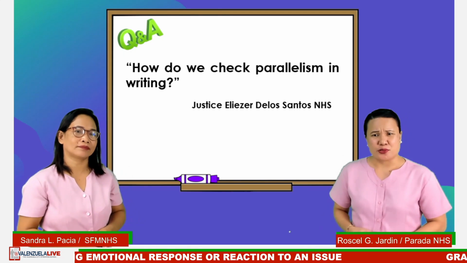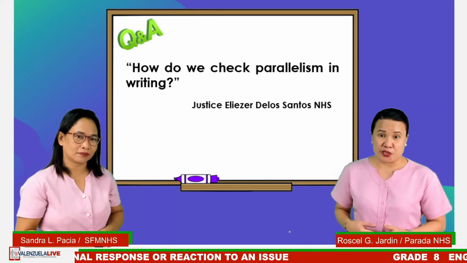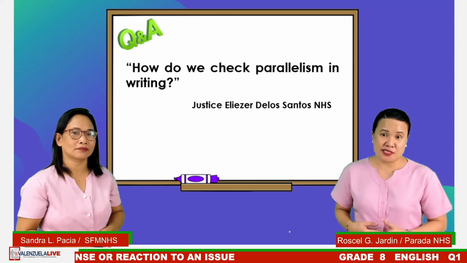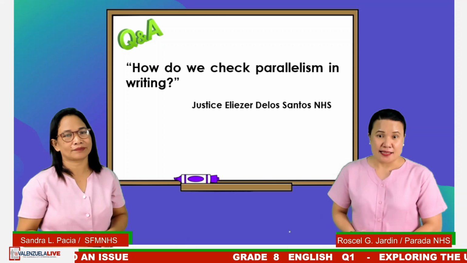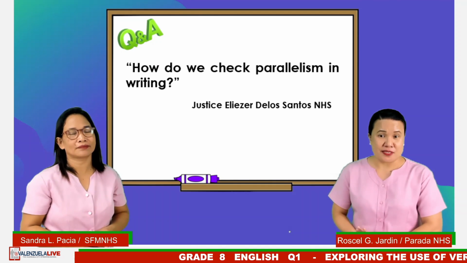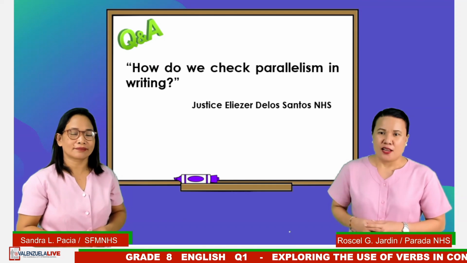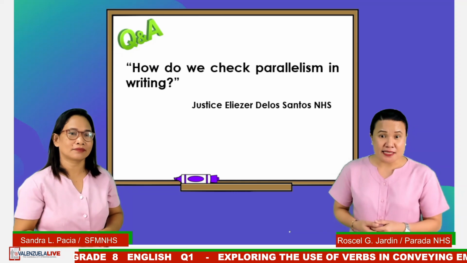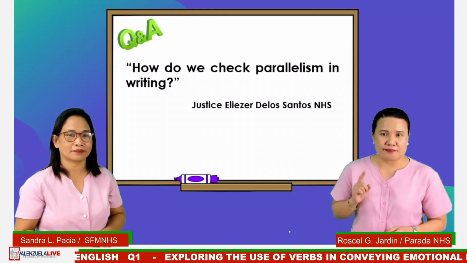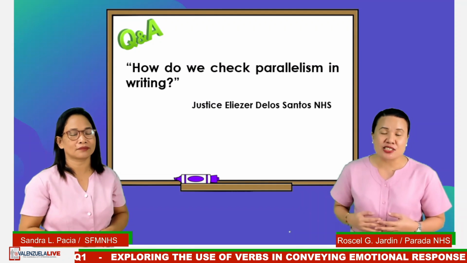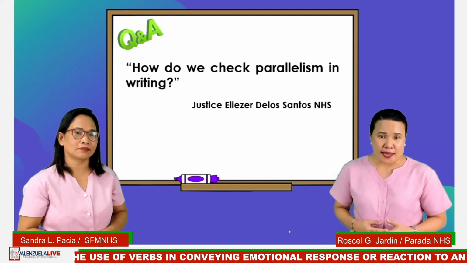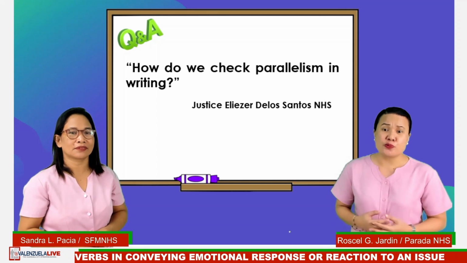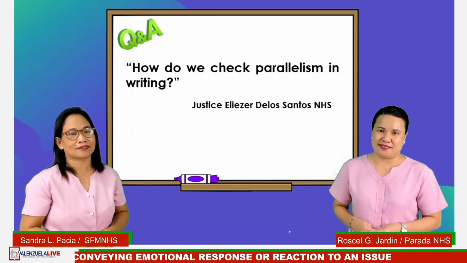You need to make sure that you are using paired words such as nouns, verbs, adjectives, phrases, clauses, infinitives, and so on. Look carefully at the elements in a sentence and check if you are using the same grammatical structure. You have to bear in mind not to confuse your readers and listeners.